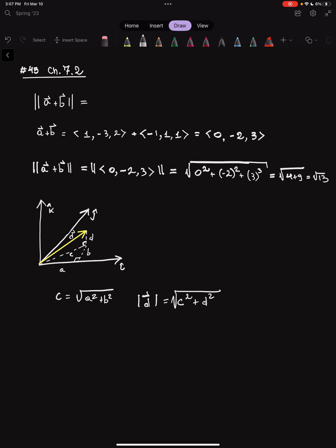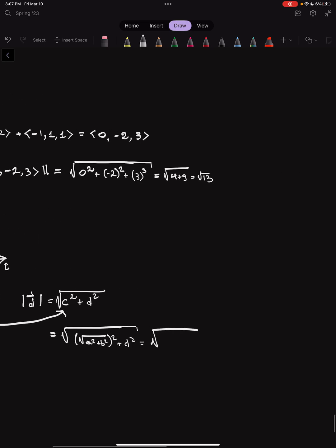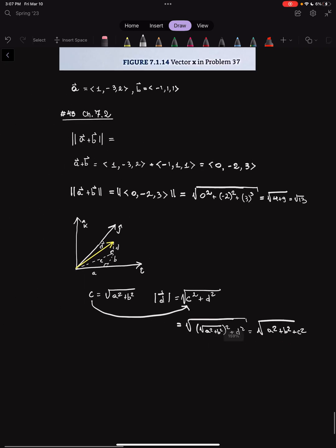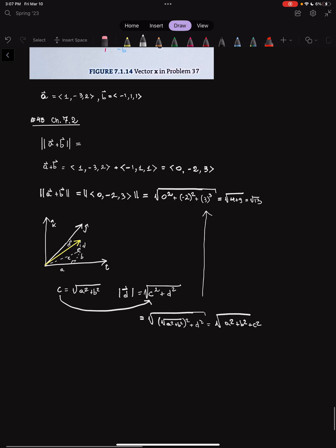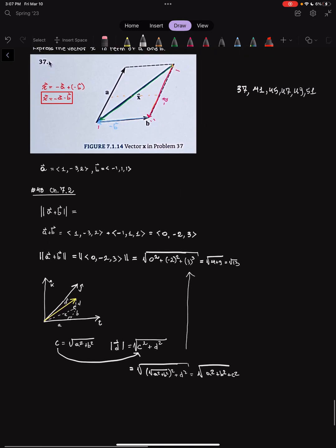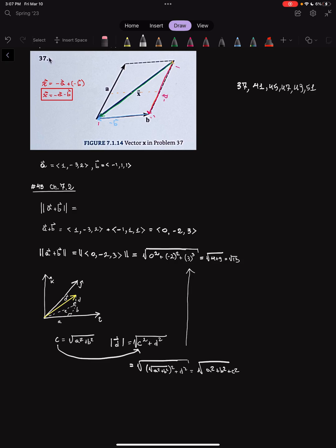If I put this in here, then I would get that the magnitude of D is going to be equal to the square root of the square root of A squared plus B squared, squared, plus D squared. And the radical goes away and we have A squared plus B squared plus C squared, which is the reason why we used this formula to find the magnitude of a 3D vector. All right. This was the problem.